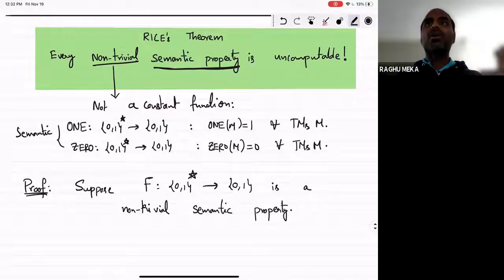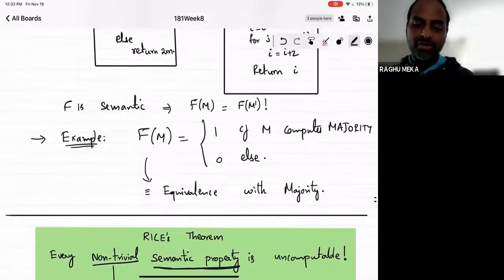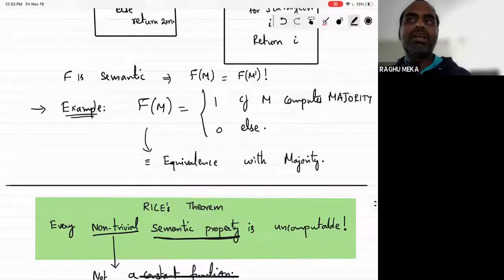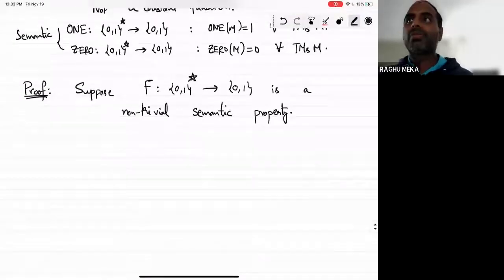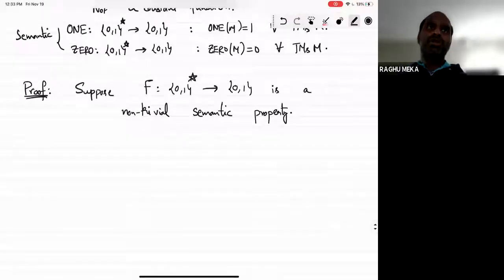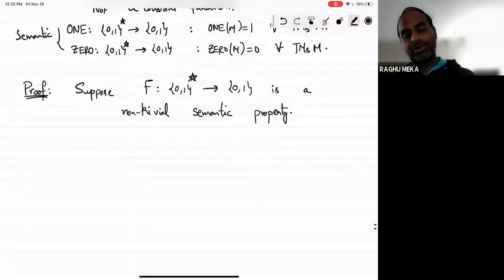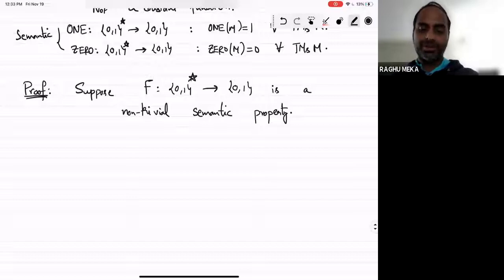It can be any non-trivial semantic property. For instance, it could be, is my program equivalent to majority? Is my program equivalent to parity? All of those things. Okay. And we want to show that in this case, F is uncomputable. And we will show this from a reduction.